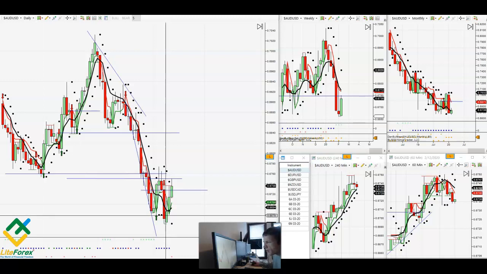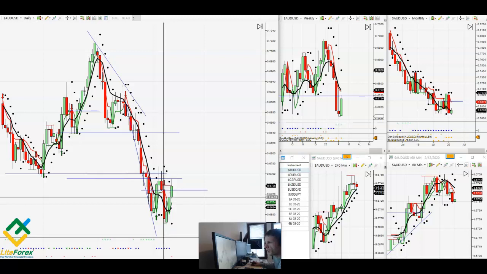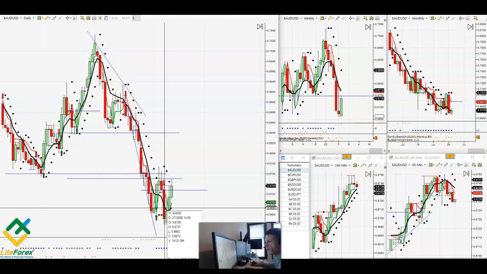Australian USD is rebounding quite nicely. On the weekend, I talked about how this is a little bit tricky because when you're setting up to drop, this was looking very, very bearish.